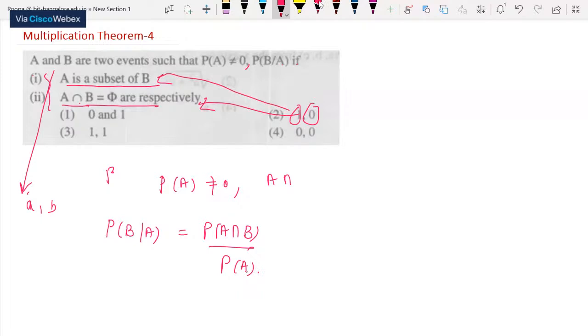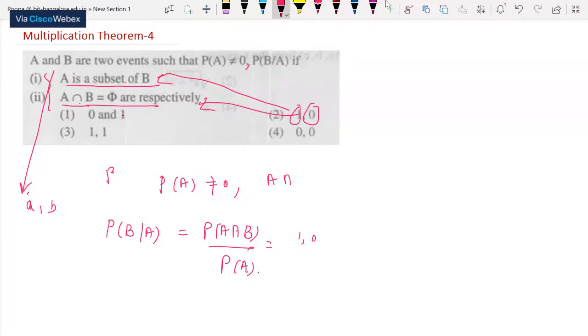Suppose P of A is 0, we get infinity. So for the first option, A is a subset of B, the values are 1, comma 0. 0, comma 1 is not satisfied because the denominator would be 0, since they already gave A is not equal to 0. Therefore 1 and 0 is the possibility. Most of them gave the correct answer. Very good, very nice. Keep it up.